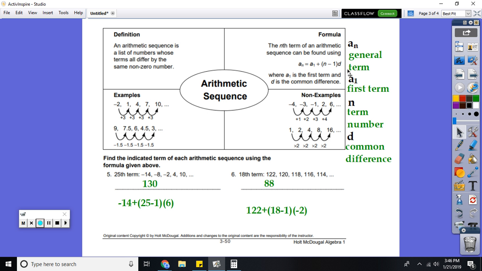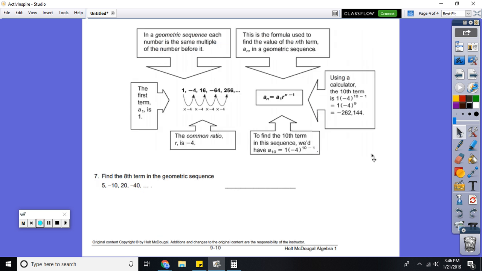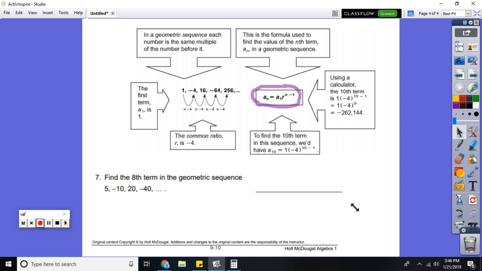Now, you can do the same thing with geometric, but of course the formula is going to be different. Geometric sequences are exponential in behavior. So what that means is part of the formula has this little, and we sometimes call it a superscript, but in math it's called an exponent. And so it's a little bit different, but it's kind of the same. There's still a sub n, there's still a sub 1, and there's still an n.